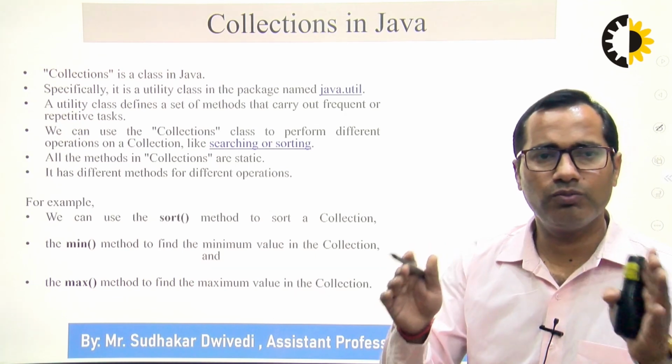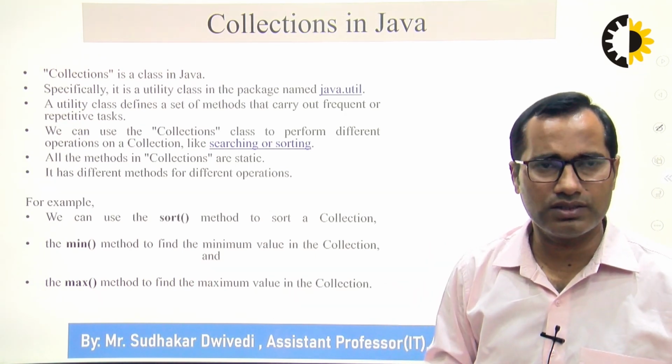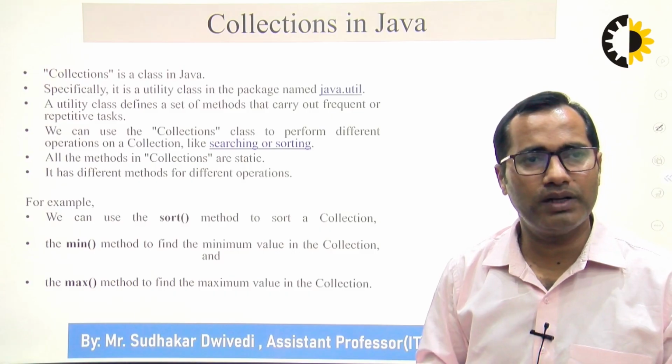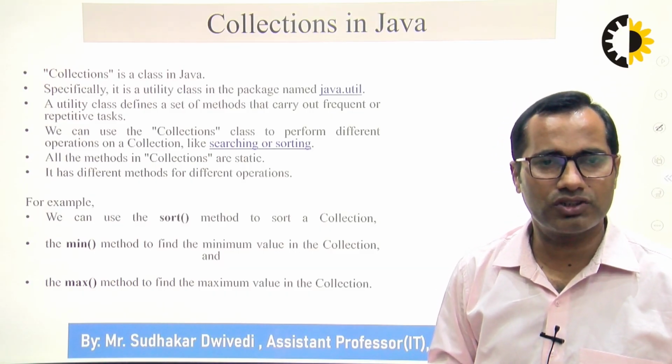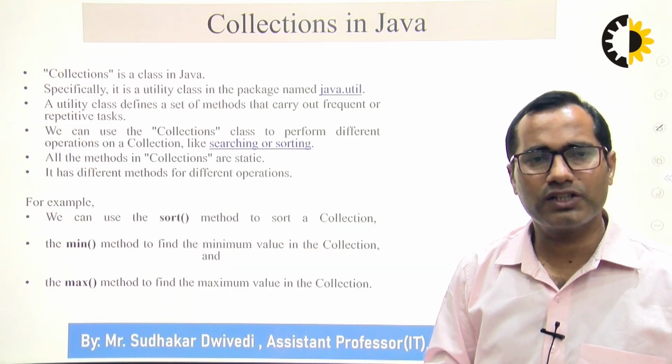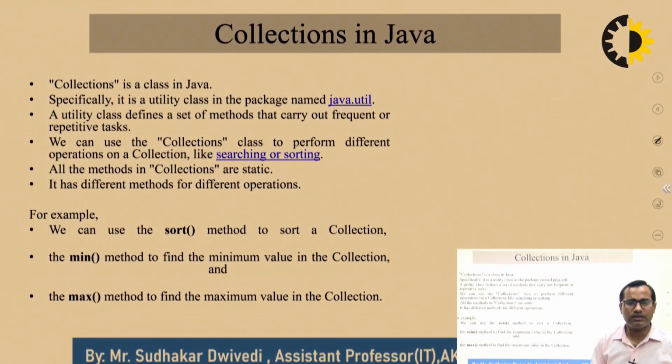The collection framework is the whole hierarchy of classes and interfaces that supports the implementation of these data structures. And in this collection framework, Collection is the topmost or root interface. All the interfaces extend from this interface. That means all the implementation classes are available in the sub-interfaces of this Collection interface.